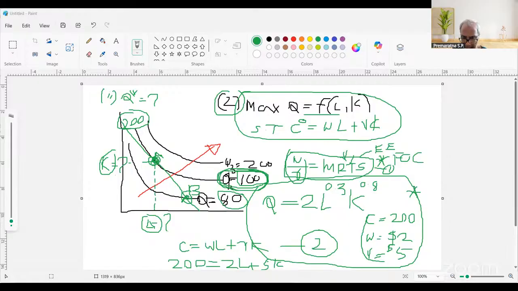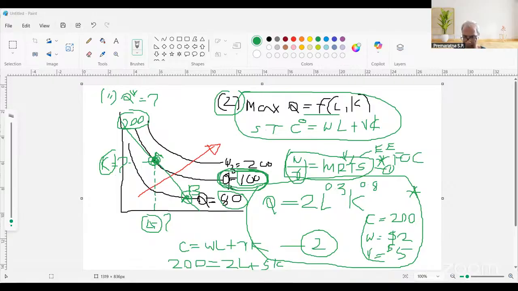For example, in the exam, I may give the output function here. Imagine I give the output function like this, with T, L. You can practice those things before the exam. This kind of output function.